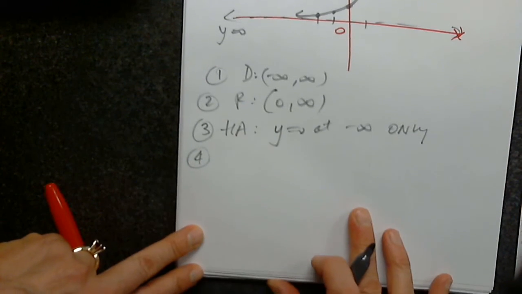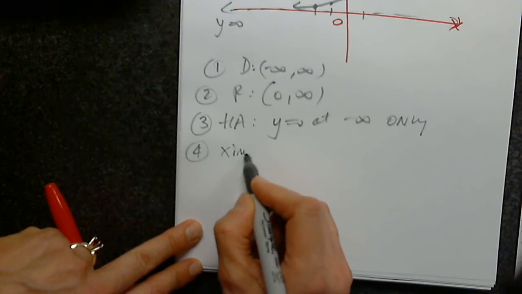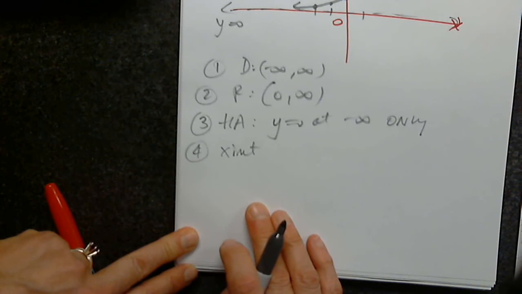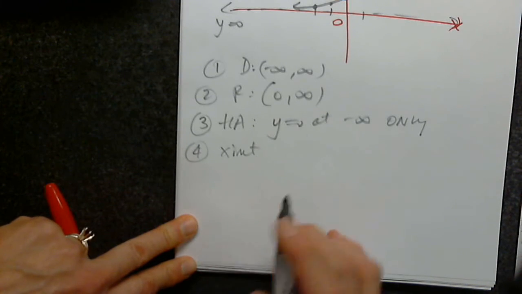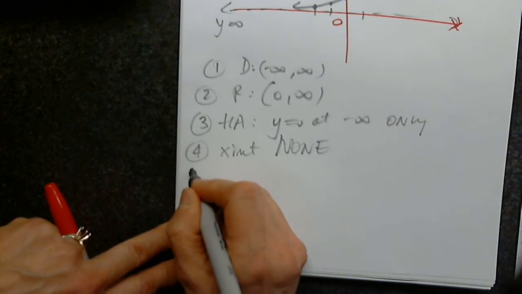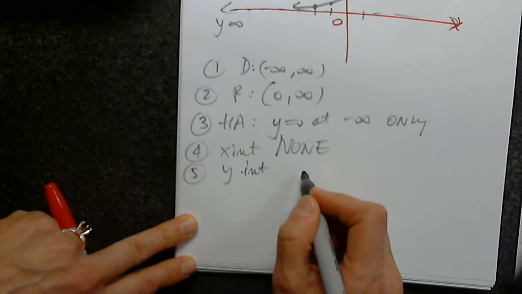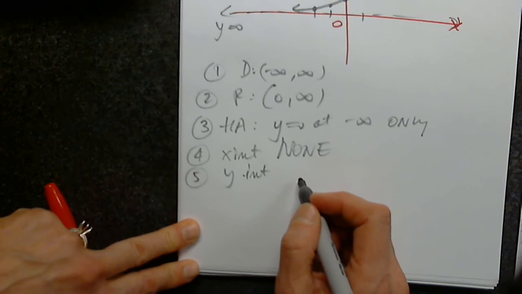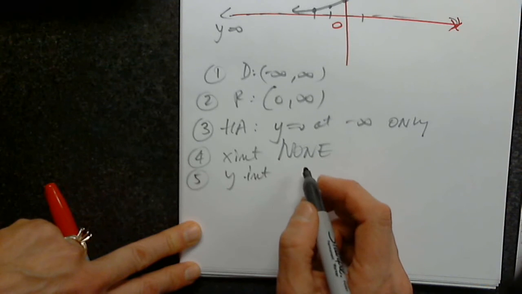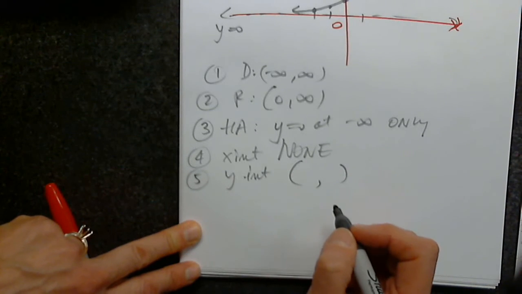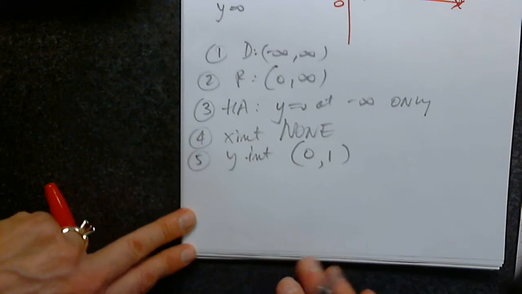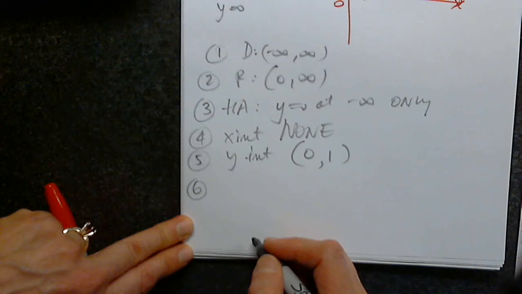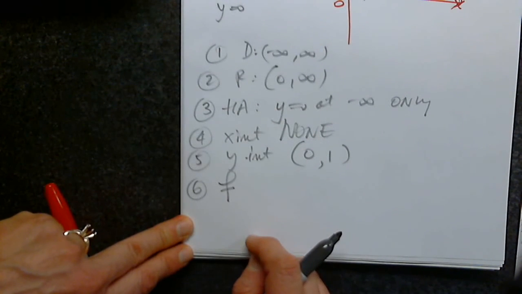Number 4, x-intercept. None. Number 5, y-intercept. Can anyone give it to us as an ordered pair? Very good, 0, 1. Number 6, is this function increasing or decreasing on all its domain?